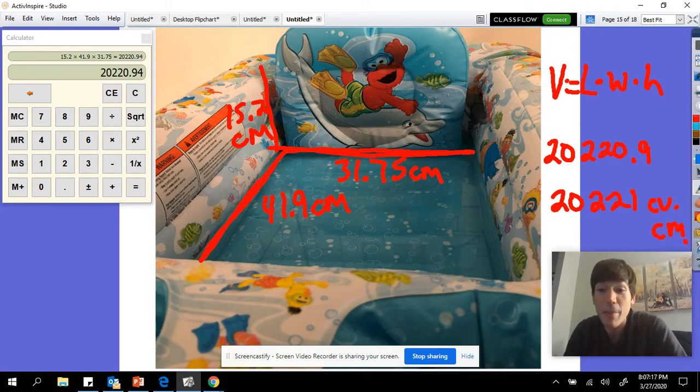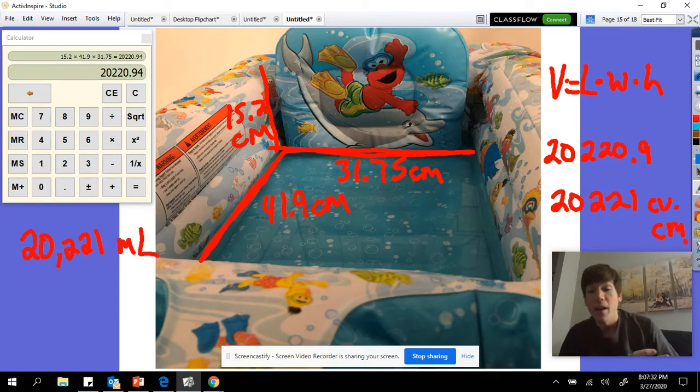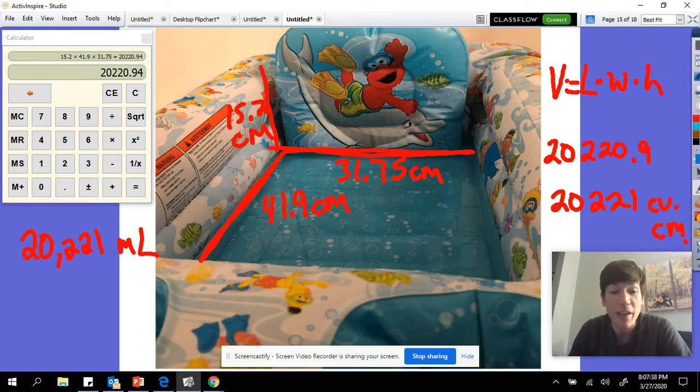Now, something to keep in mind is a cubic centimeter is equal in value to a milliliter. So we could also say then that the tub will hold about 20,221 milliliters. Remember the conversion between milliliters and liters: a liter is 1,000 milliliters.